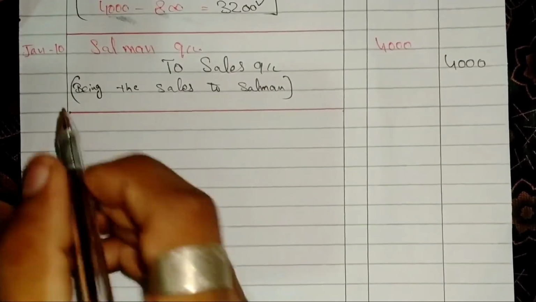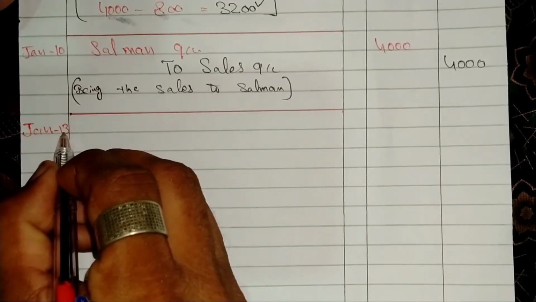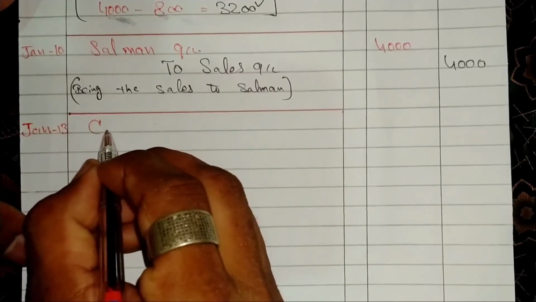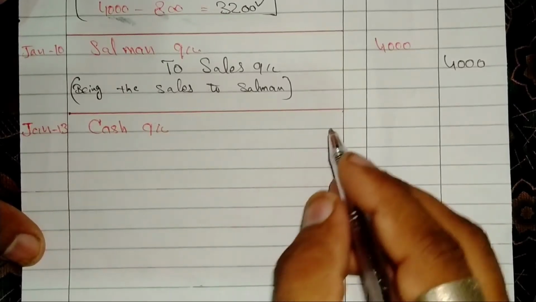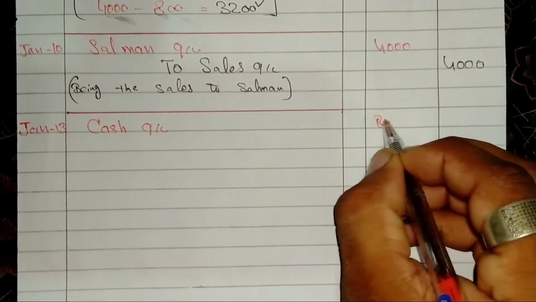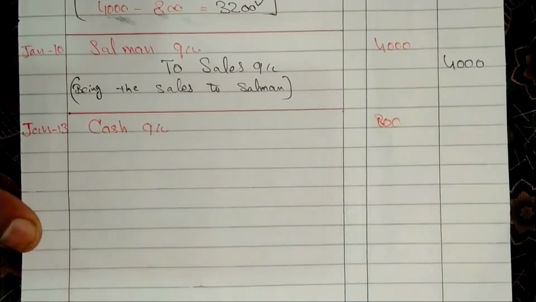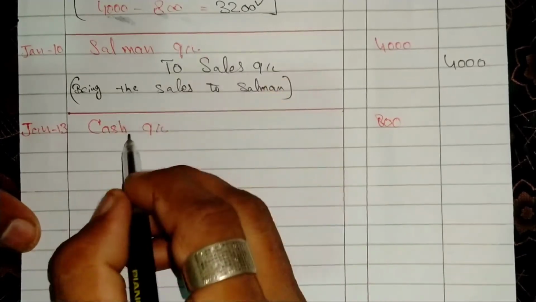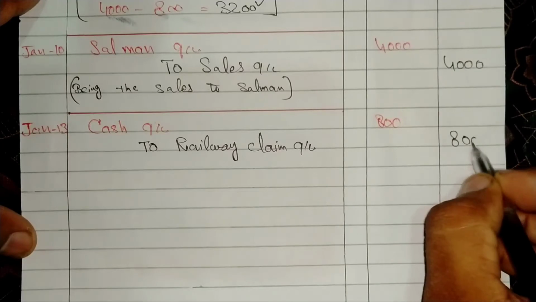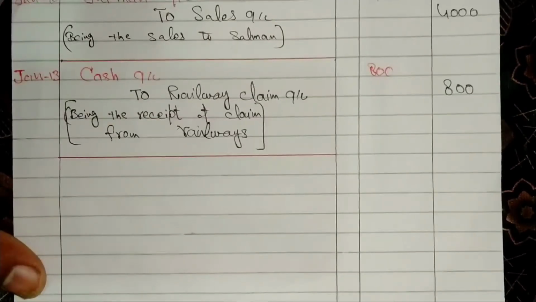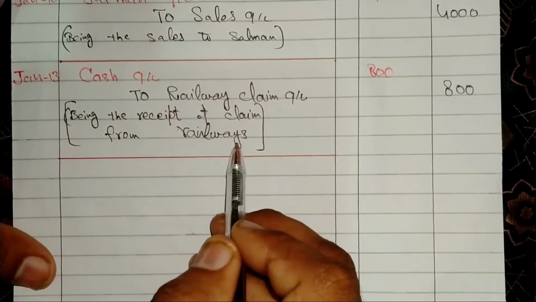On Jan 13th, cash account will be debit with amount $800, this is the amount of damages, to railway claim account credit with the same amount $800, with description: being the receipt of claim from railways authorities.